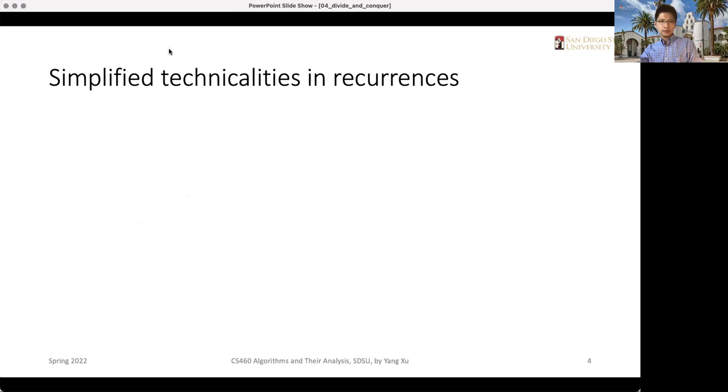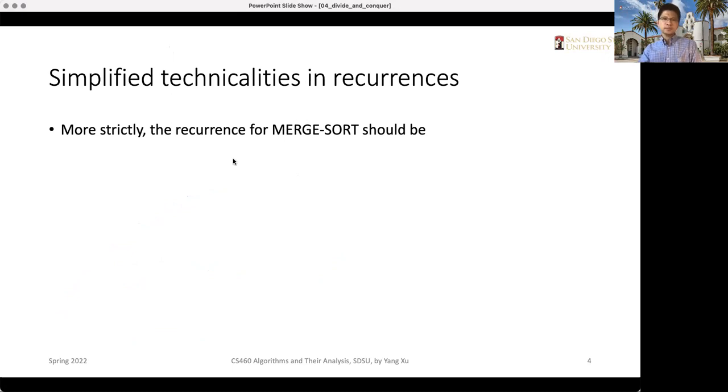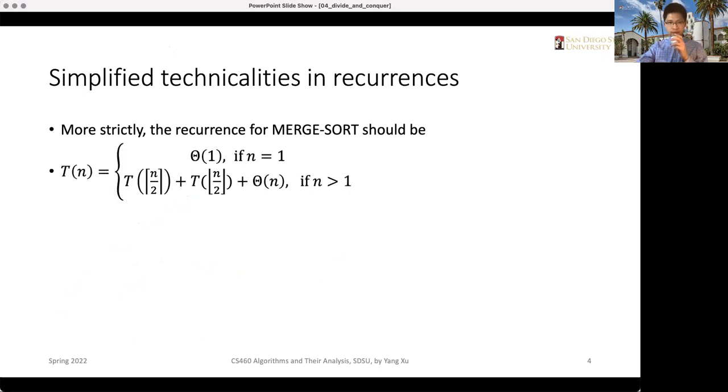Okay, so there are some simplified technicalities in recurrences, because if we think about the merge sort procedure more carefully, we really should use those ceiling and flooring symbols. That is because we don't know whether it's an even number or odd number for the inputs, right?